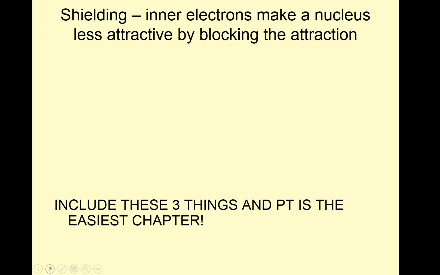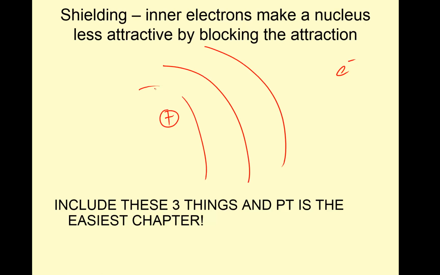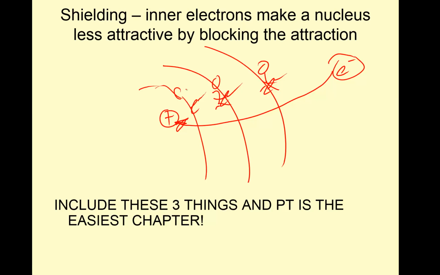Shielding: inner electrons make a nucleus less attractive by blocking the attraction. If this is my positive nucleus, and I'm an electron all the way out here, we'll Bohr model this one, there are layers of negativity that repel this poor electron. The electron is attracted to the nucleus, but the more layers of repulsion, the less attractive it is. It's like you're interested in a girl, and this is her big beefy brother, then her big intimidating father, and then the mother with a gun.